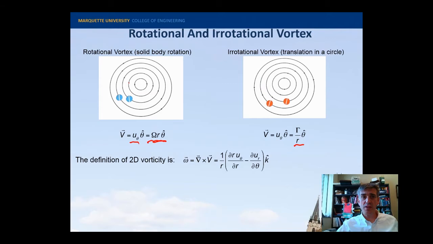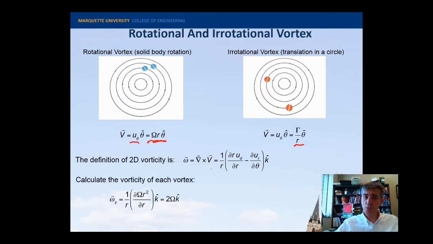Mathematically, we can show that the vortex on the right has 0 vorticity, and the vortex on the left does not. By definition, the two-dimensional vorticity comes from our cross product. Here I've written it in cylindrical coordinates because we're working in a cylindrical coordinate system.